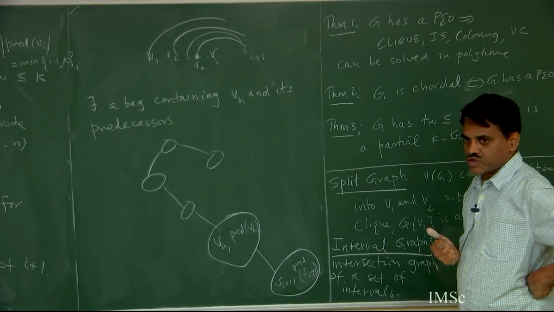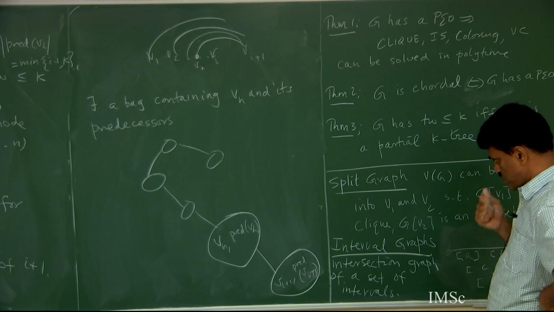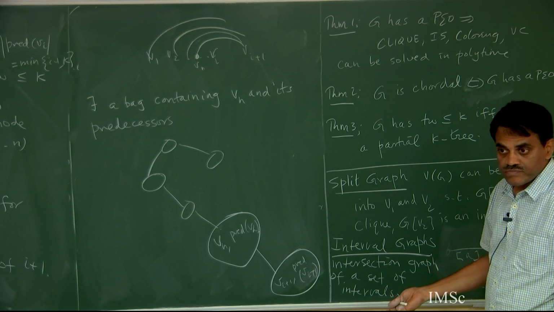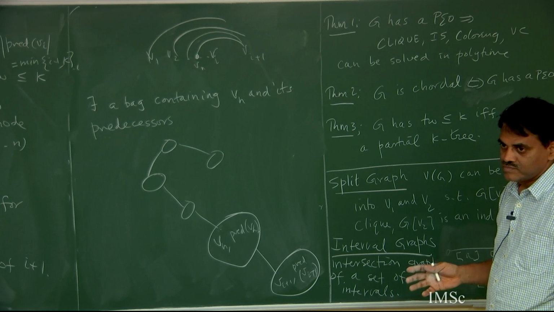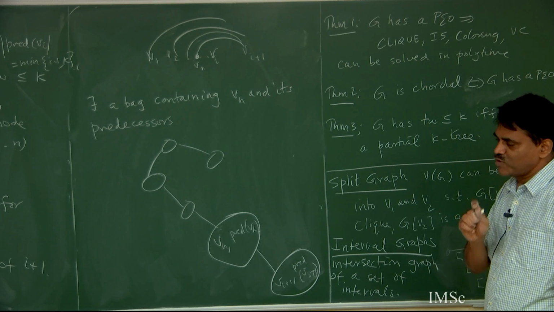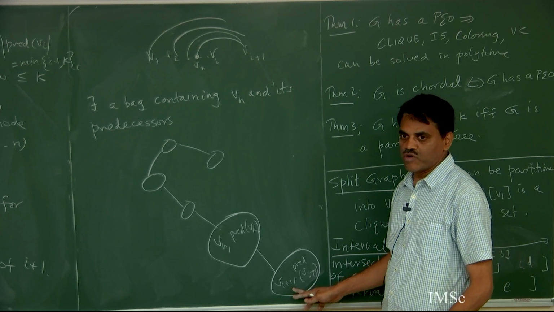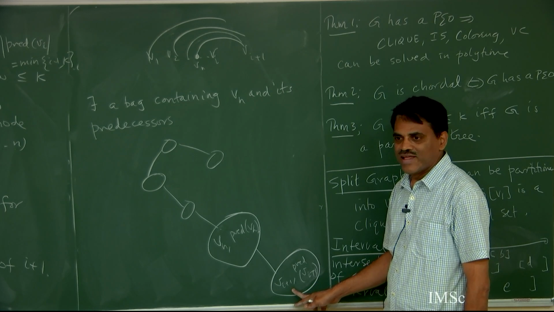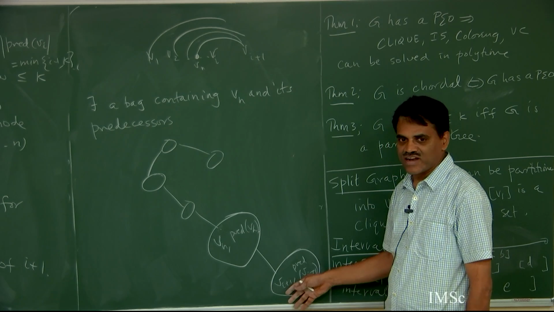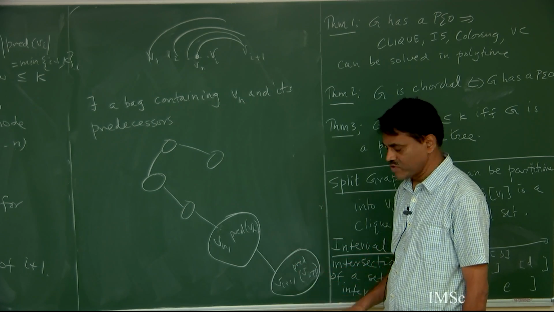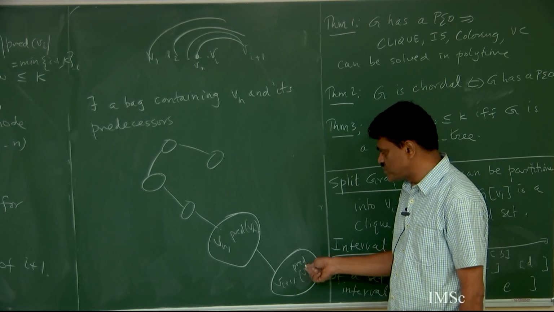So, how do I show that? First of all, anything that contains Vi plus 1, I want to show that it is a connected subgraph. That is not a problem. This is the only bag that contains Vi plus 1, so it is a connected subgraph. Now, what about these vertices, right?